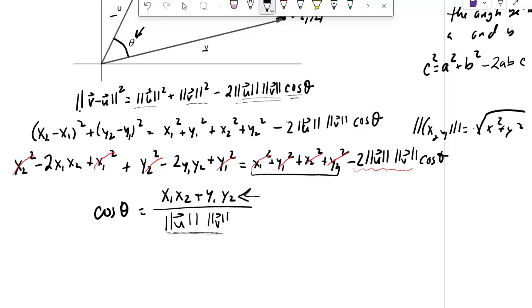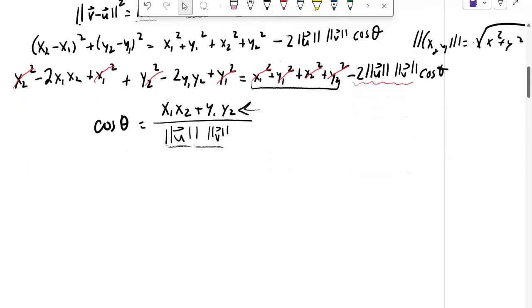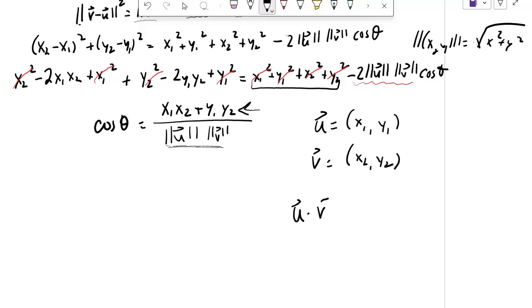So for these two vectors, when you've got your u equal to x1, y1, and your v equaling x2, y2, your definition of dot product will be x1, x2 plus y1, y2, which is your familiar formula for dot product, isn't it? But that's where it comes from. It comes from law of cosines.